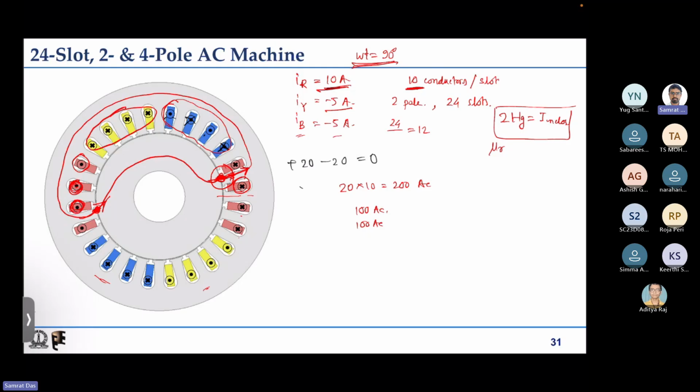So H magnitudes are same for both cases. If in one case it is radially outward, and we assign positive sign to it, then on the other side we have to assign negative sign to it. So in this theta location, and around that on this tooth, we'll have 100 ampere turns positive here, 100 ampere turns negative here.